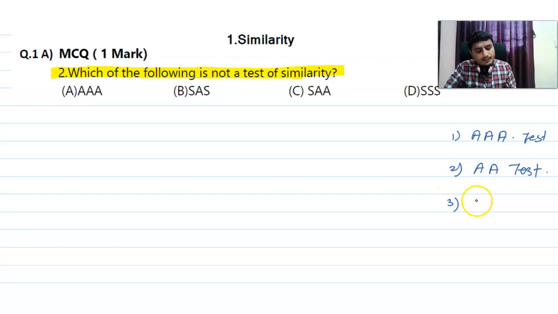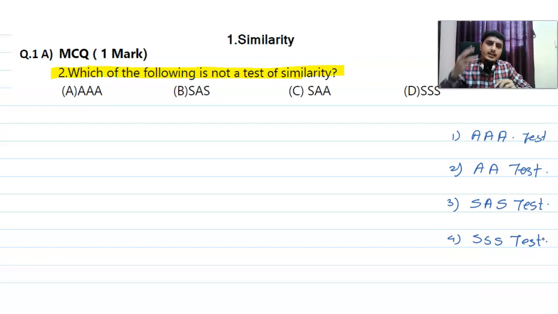Now the third test we have is the SAS test. Once any 2 sides of the one triangle are in proportion with the corresponding 2 sides of the other triangle and their included angles are congruent, then we can say that the given 2 triangles are similar by using the SAS test. And the last test we have is the SSS test.